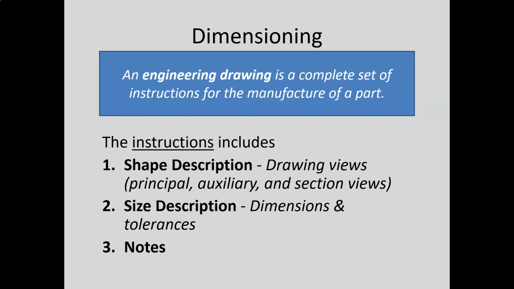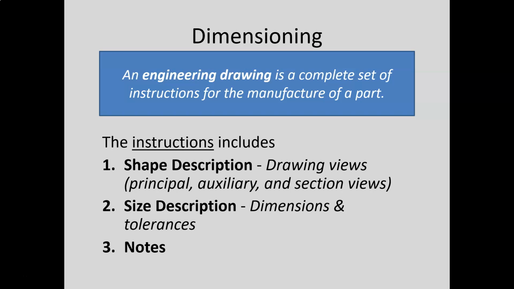It's intended to communicate the design of a single part, not only the design, but the instructions for manufacturing that part. So really, an engineering drawing has a very straightforward purpose. An engineering drawing is a complete set of instructions on how to manufacture a single part.